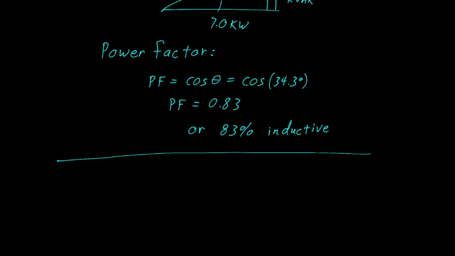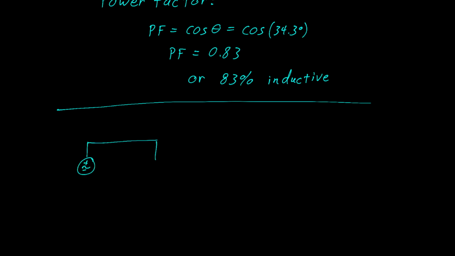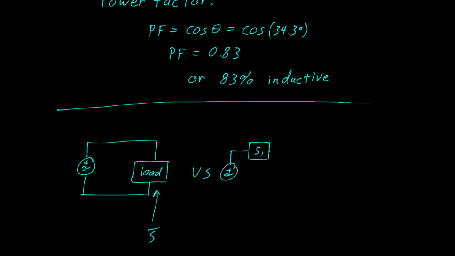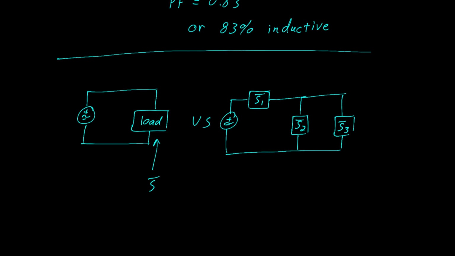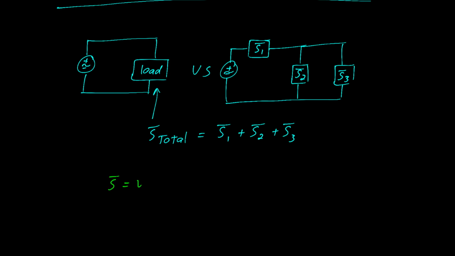At this point, we could call the problem done, but there's one more thing I'd like to show you, and that is if we took the total power and then we compared it to the individual powers, what would we find? Well, what I'd like to show is that the total power is equal to the summation of the individual powers.